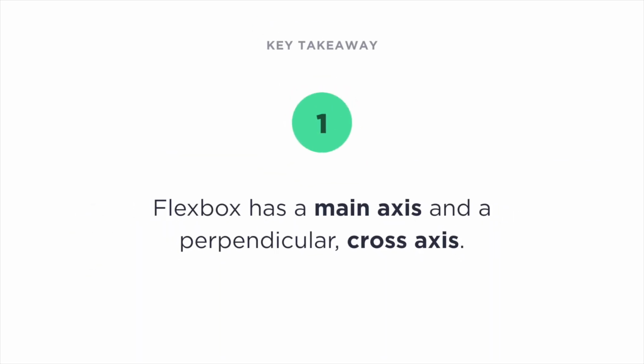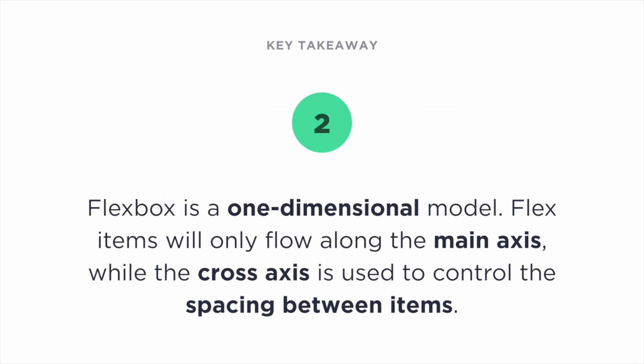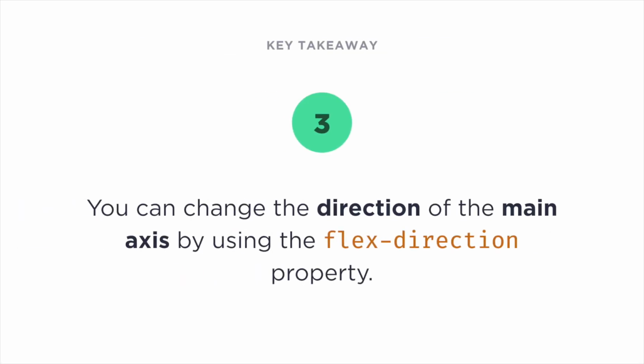All right, time for some key takeaways. Number 1, Flexbox has a main axis and a perpendicular cross axis. Number 2, Flexbox is a one-dimensional model. Flex items will only flow along the main axis, while the cross axis is used to control the spacing between items. Number 3, you can change the direction of the main axis by using the flex direction property.